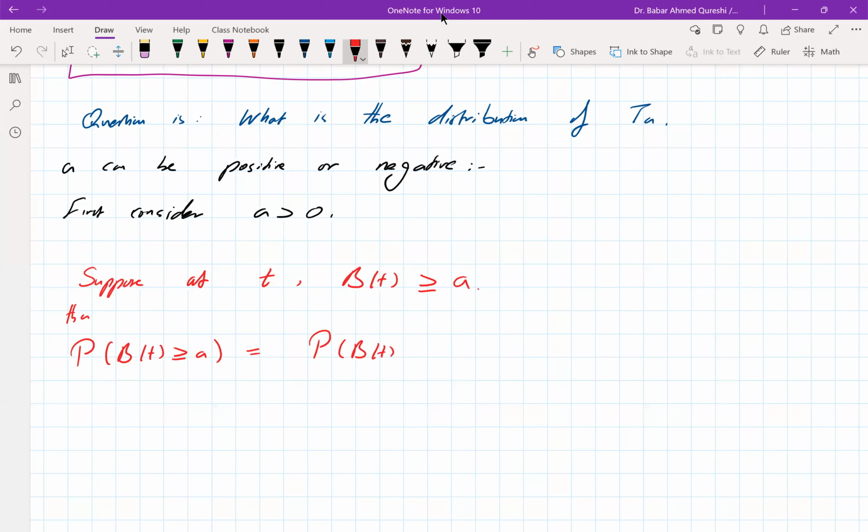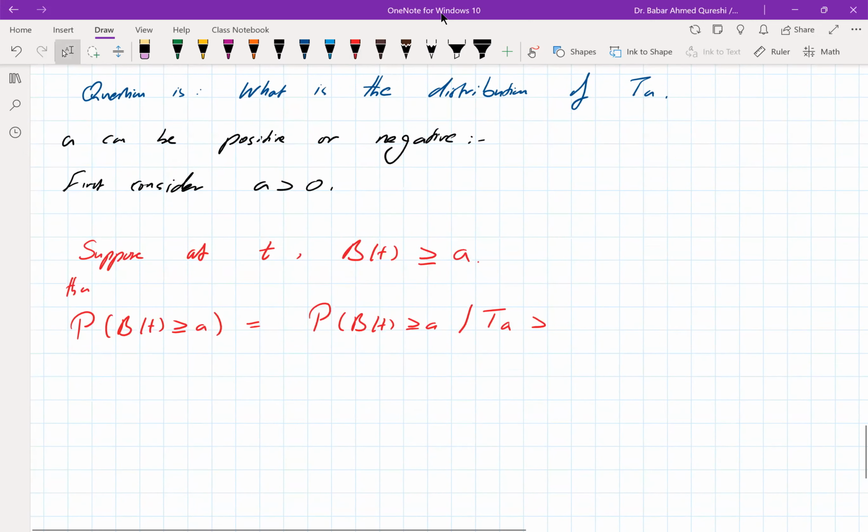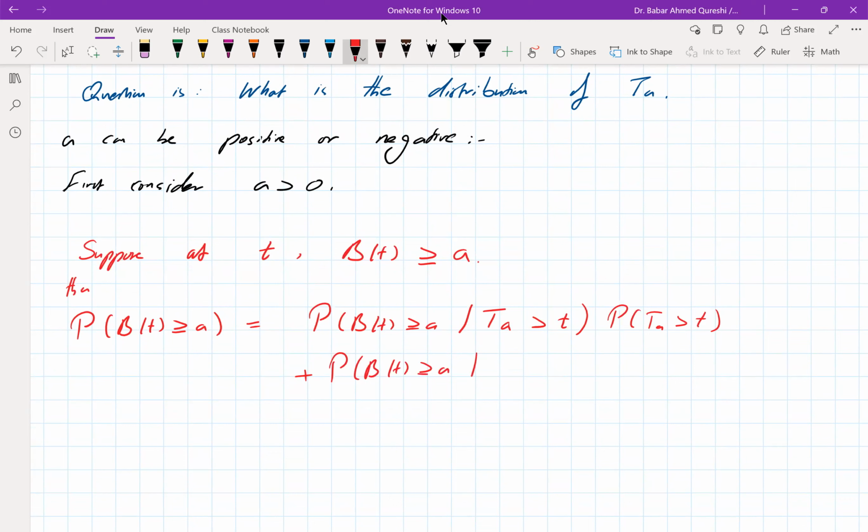B(t) is greater than A, but it could be greater than A with the hitting time being greater than t. So hitting time is the first time it reaches A. And the other possibility is on the condition that this is less than t.